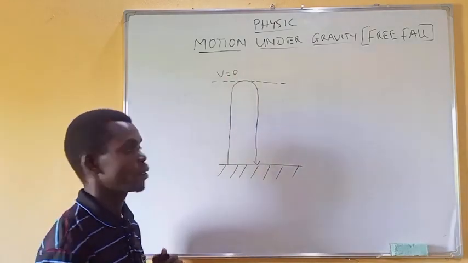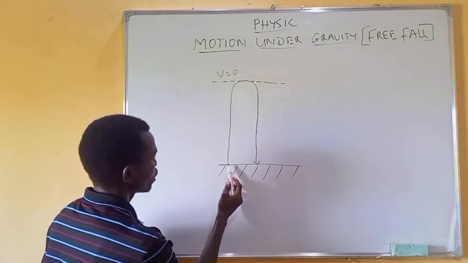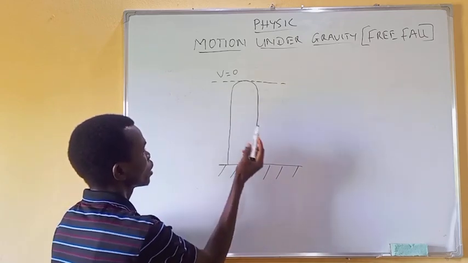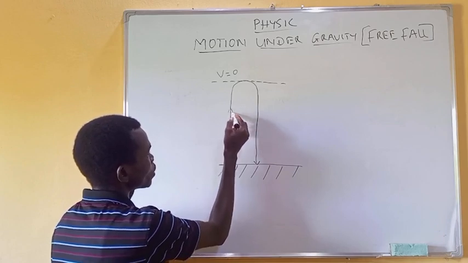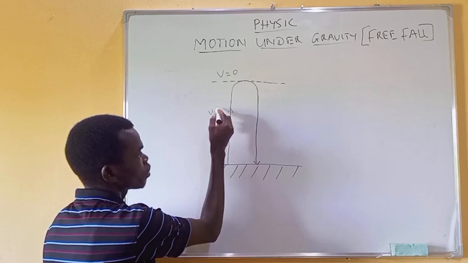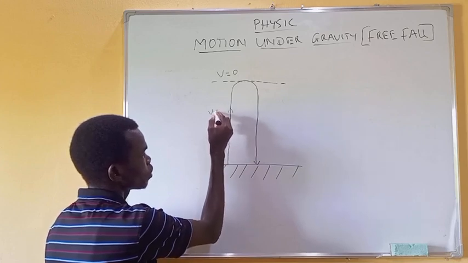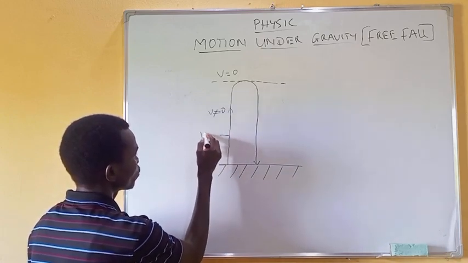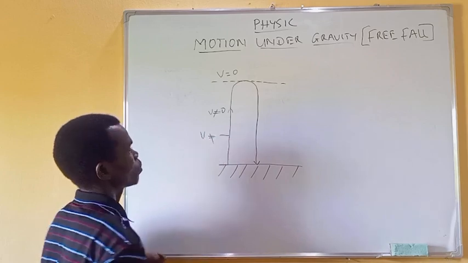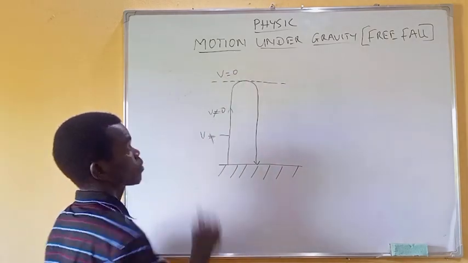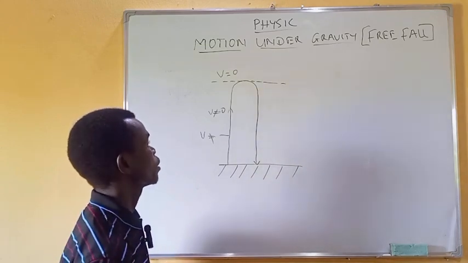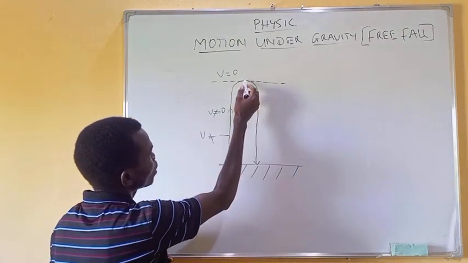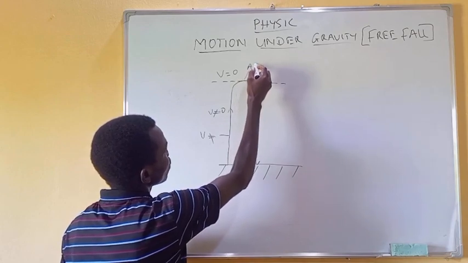There is something you need to know about this. When the object is moving upward, maybe at this point, the final velocity is not equal to 0. At this point also, the final velocity is not equal to 0. But at the highest point, the final velocity is equal to 0, because at this place, it is at rest.